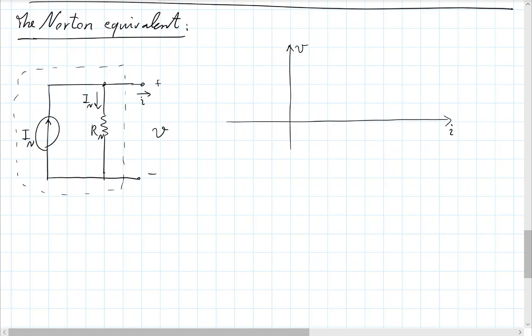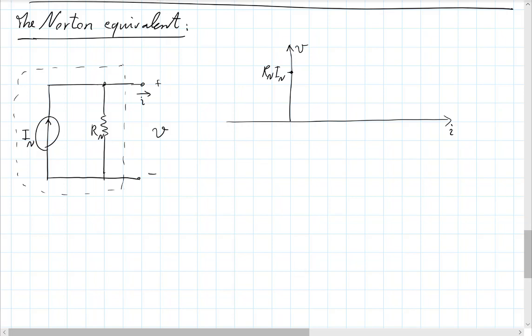So if I is 0, then the voltage will simply be IN times RN. Oh, capital N. So that's one point on the line.